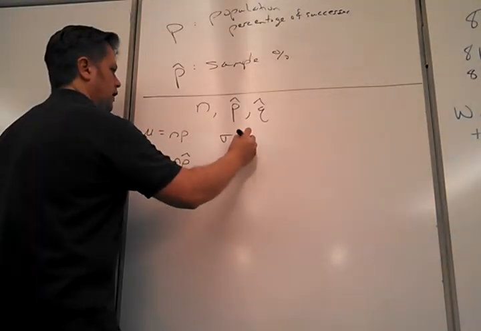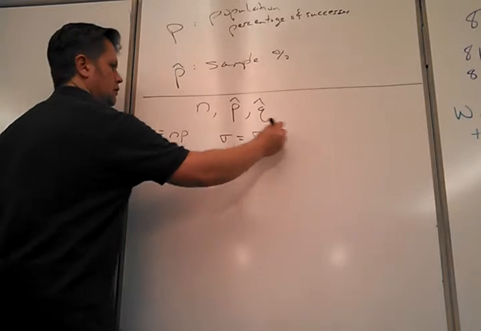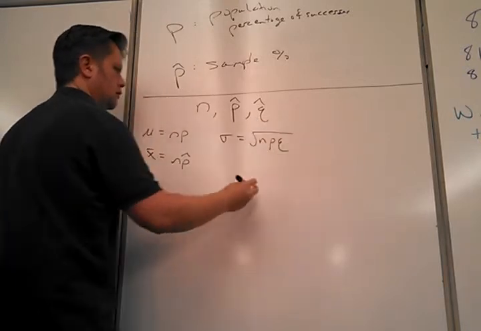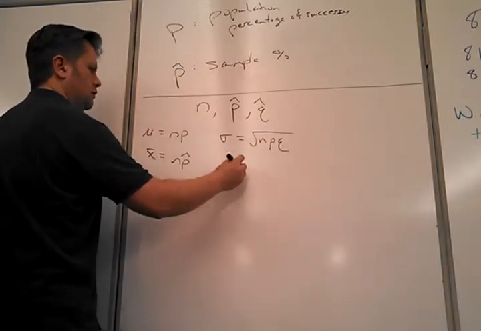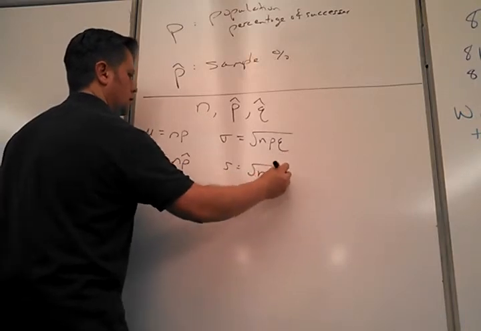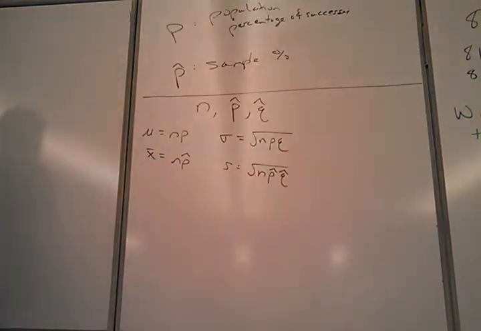What's the standard deviation? The square root of npq for the population. Good. So what's the standard deviation for the sample? n p hat and q hat. I like it. Cool. All right, so far so good. I just want to make sure you understand where the parts are coming from for this.